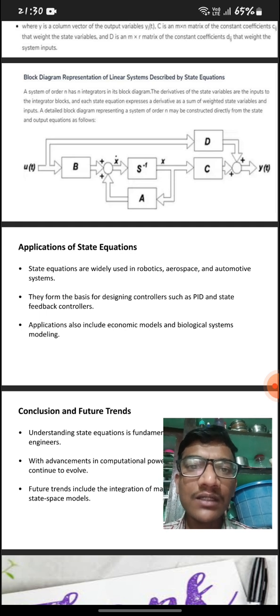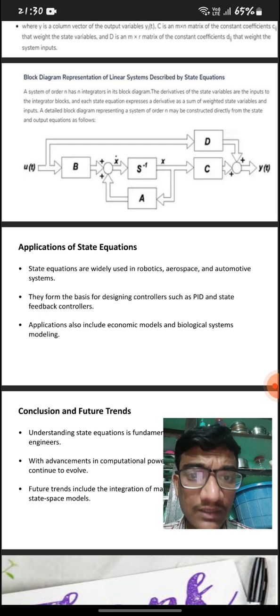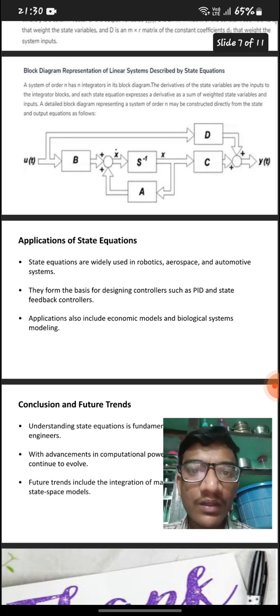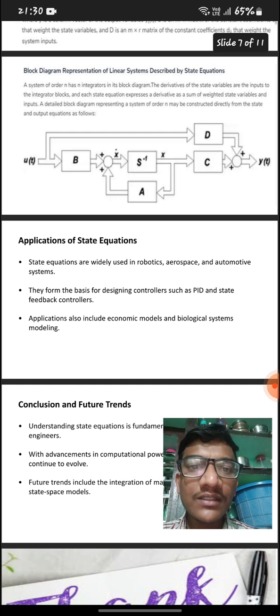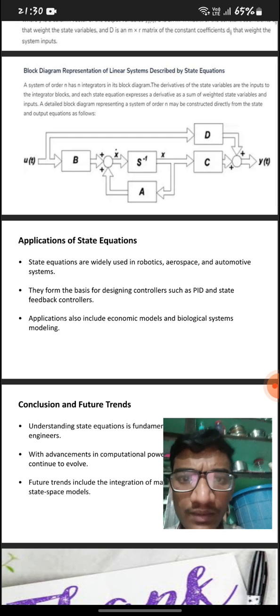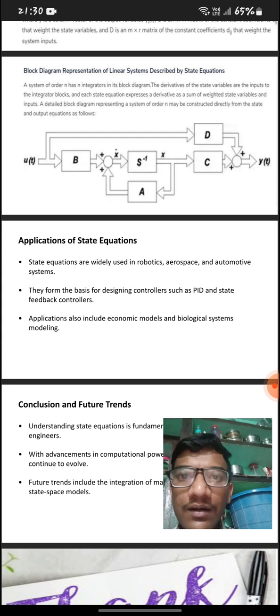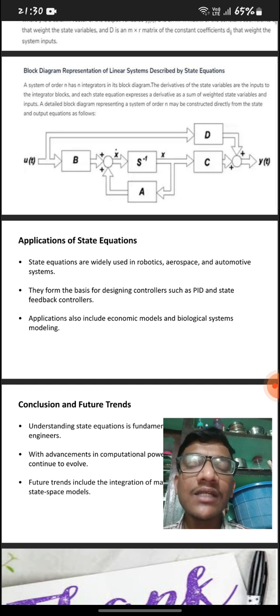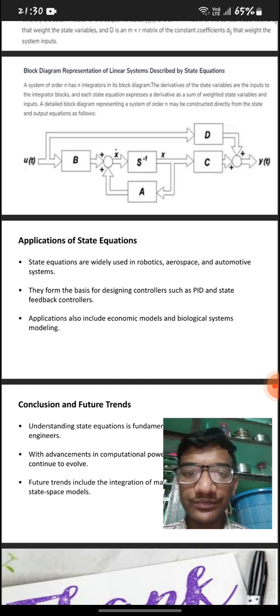Here a is the feedback. From c, together with d, we get the addition, and it comes out as the output. So this is the block diagram representation of linear systems described by state equations.